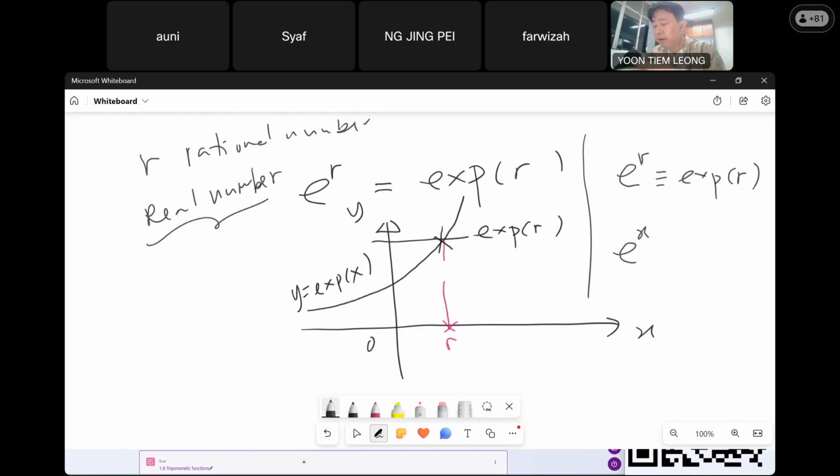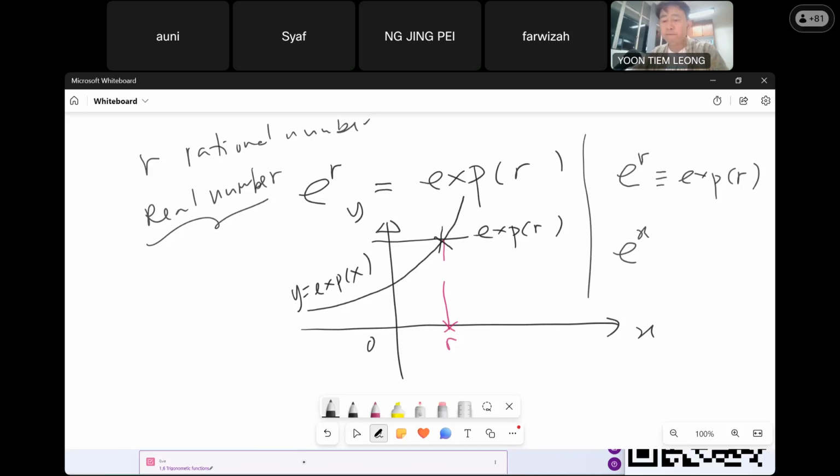So you could divide numbers into rational numbers and irrational numbers. Rational numbers are numbers that can be expressed as the ratio of two integers, whereas irrational numbers are numbers that cannot be expressed as the ratio of two integers. So real numbers comprise both rational and irrational numbers.